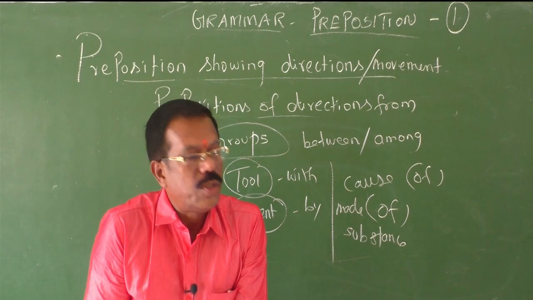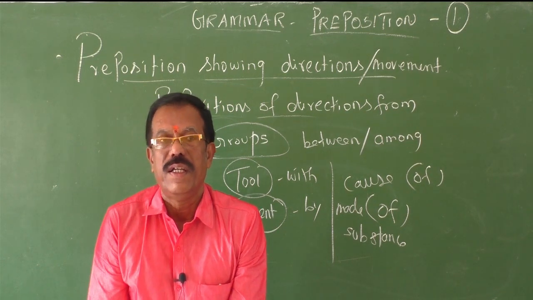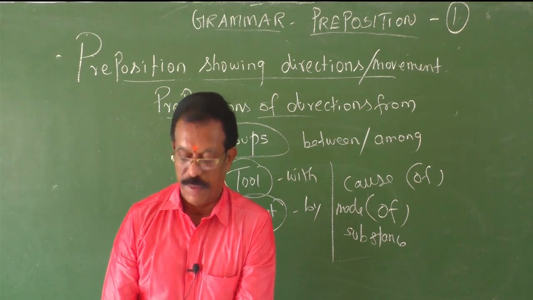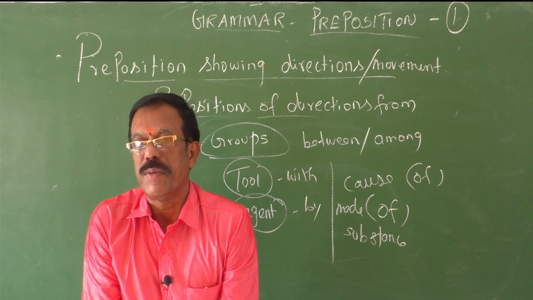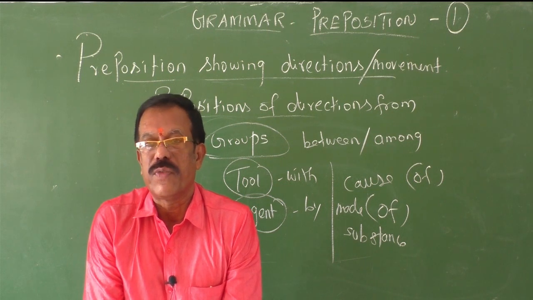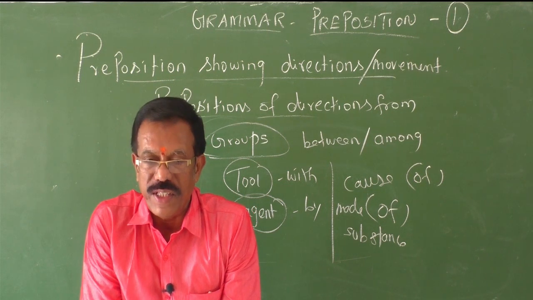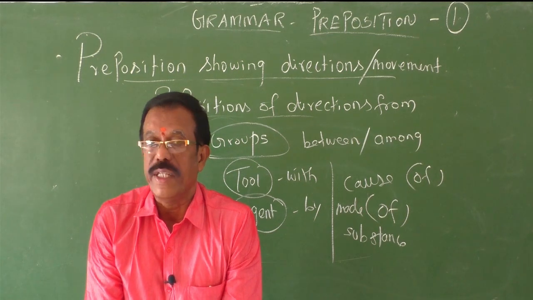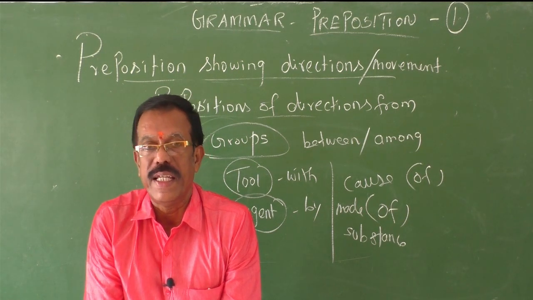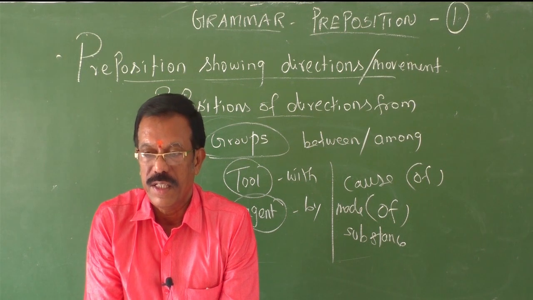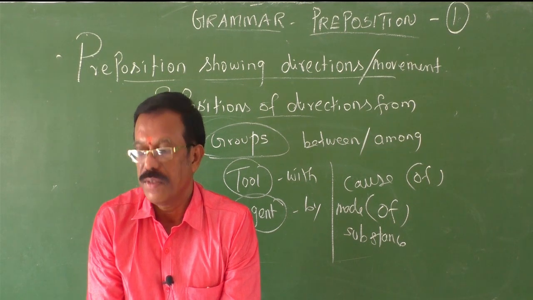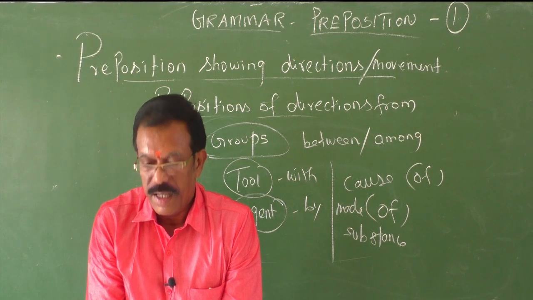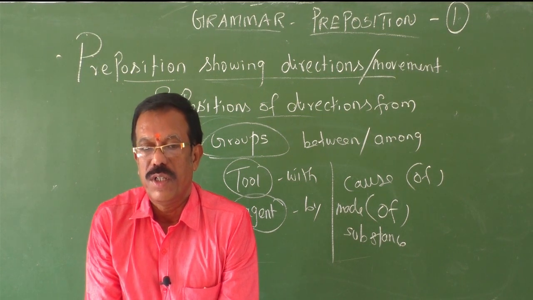When you talk about only two persons, there you can use between. When you talk about more than two, there you can use among. Then tool. Don't get confused with this use of prepositions. To refer to tools, you have to use the preposition with. But when you want to refer to the agent, the work done by an agent, there you have to use the preposition by. Don't confuse with by. And then cause of disease, material also of.